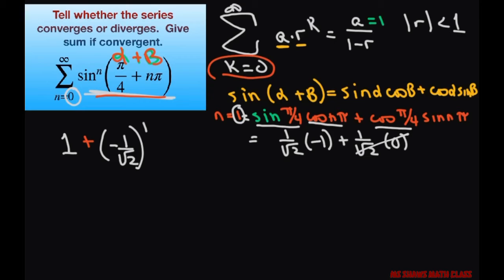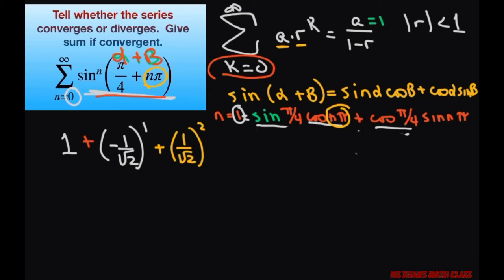All right. The next thing that's going to happen is if you have n equals 2, we're just going around by pi, so basically it's going to alternate signs. The next term is going to be a positive 1 divided by square root of 2, squared.